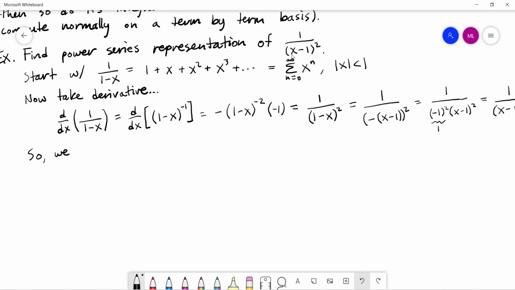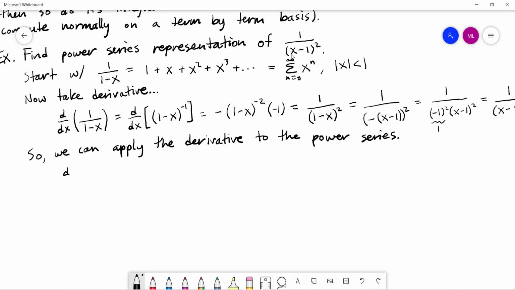So we can now apply the derivative to the power series of the original.